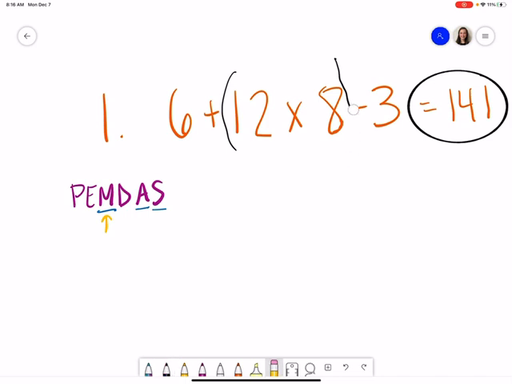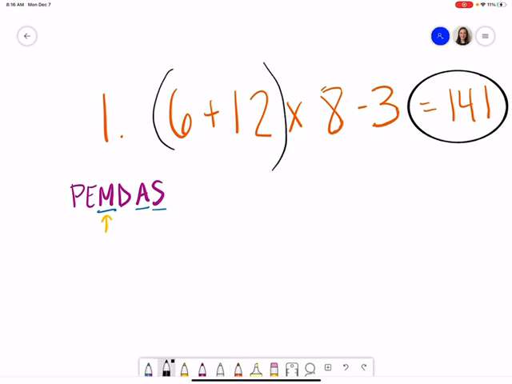Or we could do 8 minus 3 first. For the sake of time, I'm going to just choose one and we're going to go with it. But you could work out both of those to figure out which one to do.